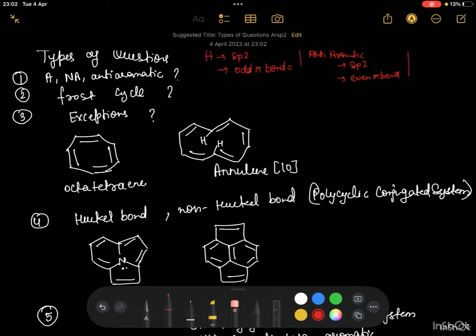And for non-aromatic, the system should be non-planar, meaning sp3. By these points you can find it.